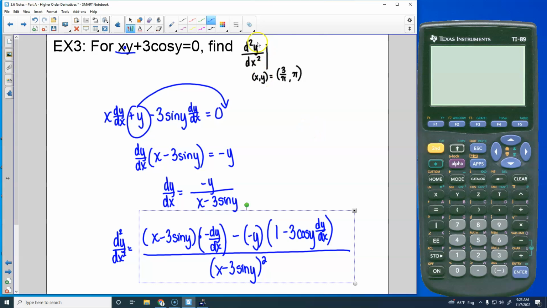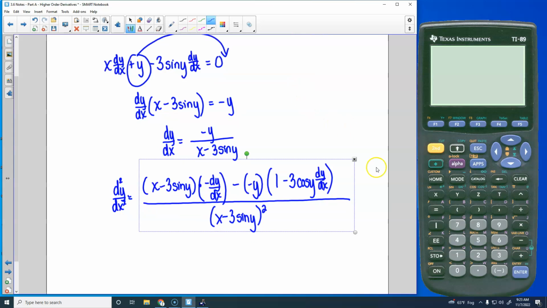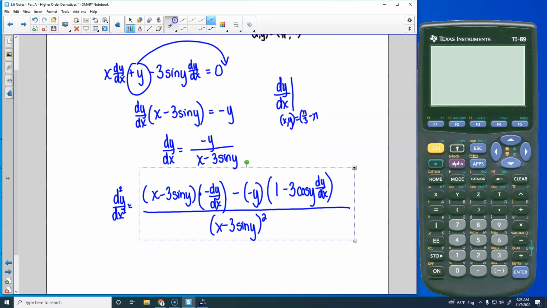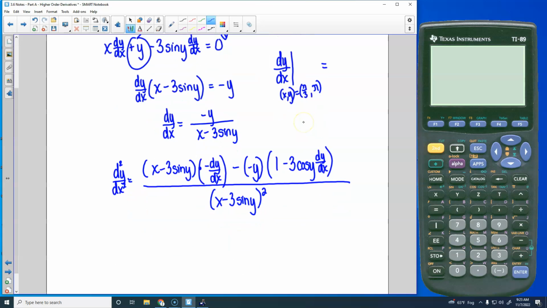So, if they have asked you to plug in a number, I would not simplify, right? What I would do is find the first derivative where x, y equals 3 over pi, pi. Never mind, they're both positive.